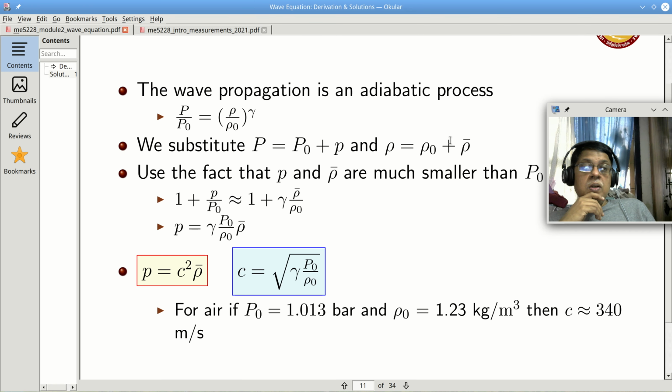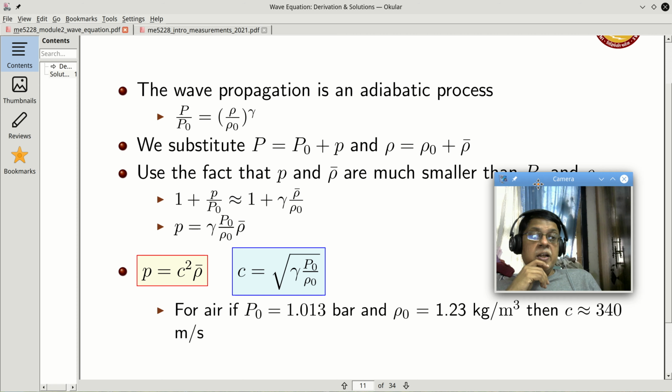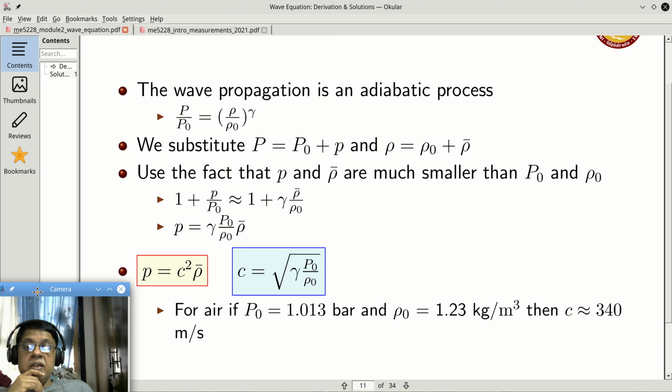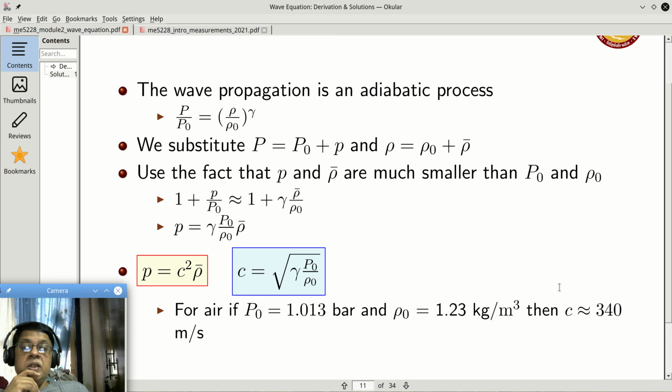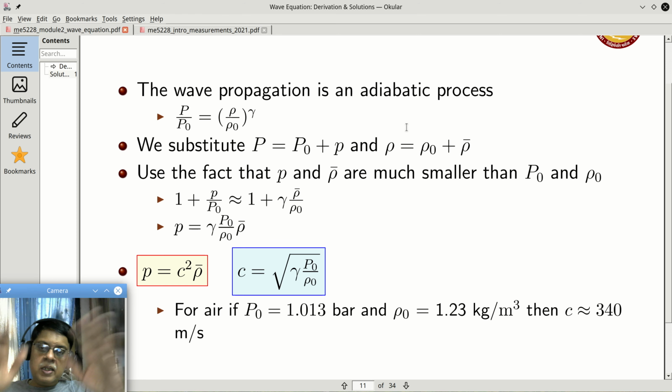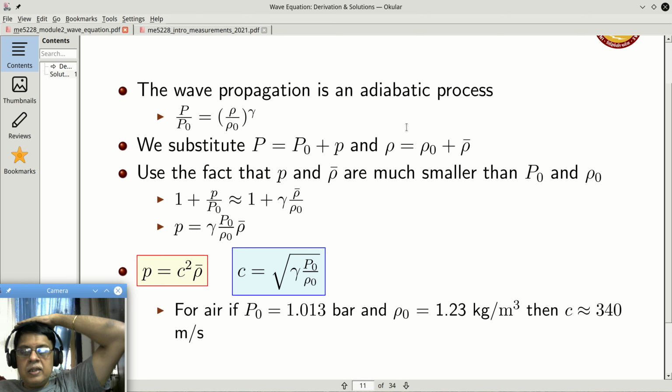Now where does the thermodynamics come in? The way we are going to do this is to say that wave propagation is an adiabatic process. Don't ask me at this stage why we are assuming it is adiabatic. I alluded to the fact that Newton assumed it was isothermal, which was proved wrong.